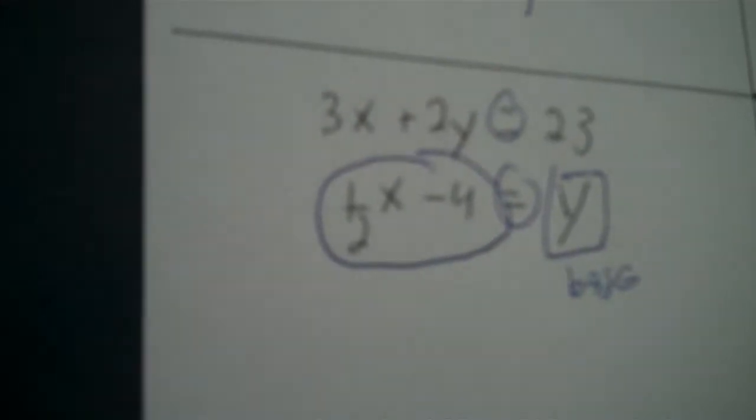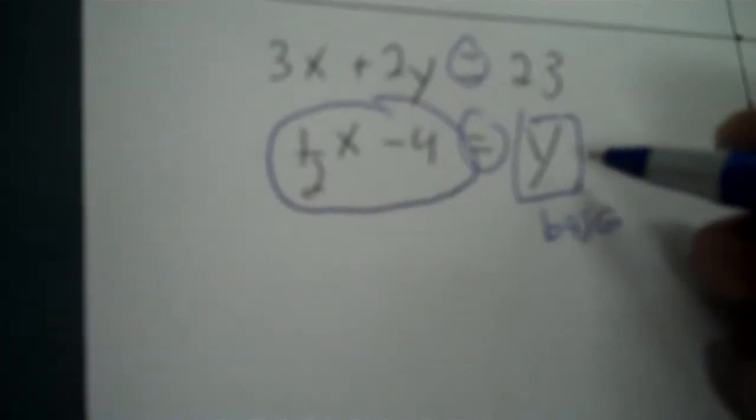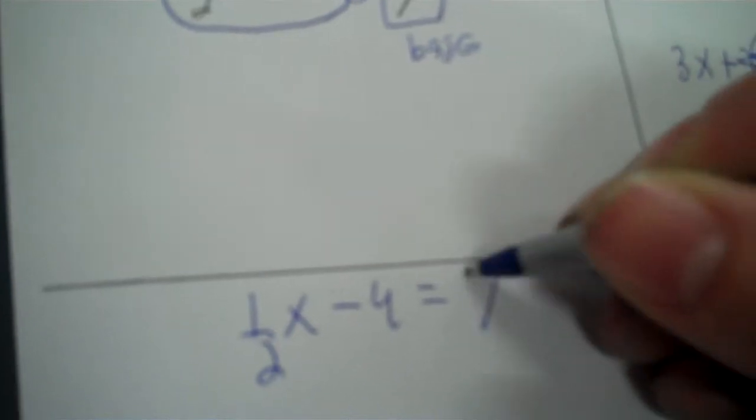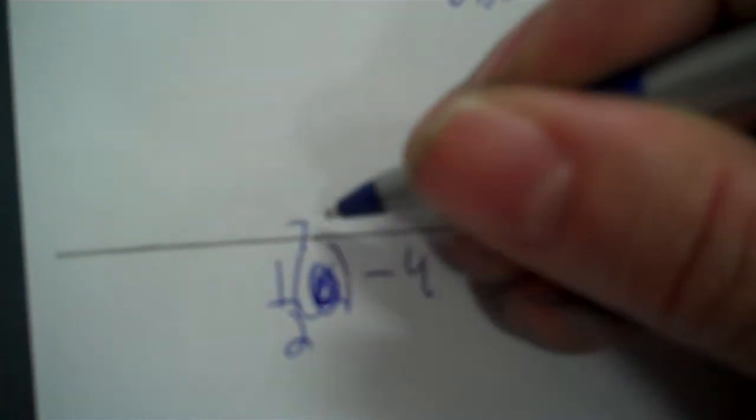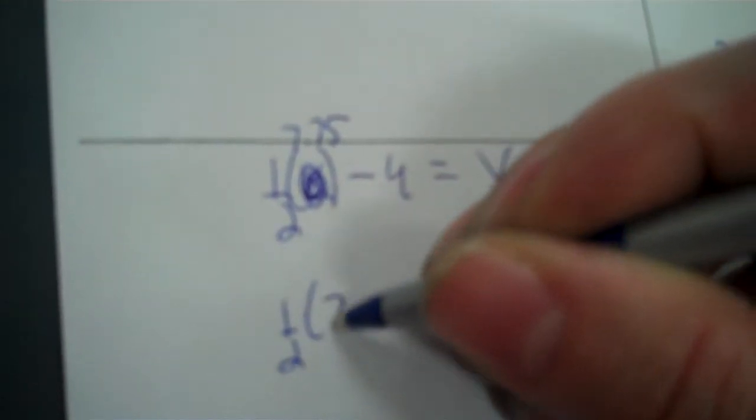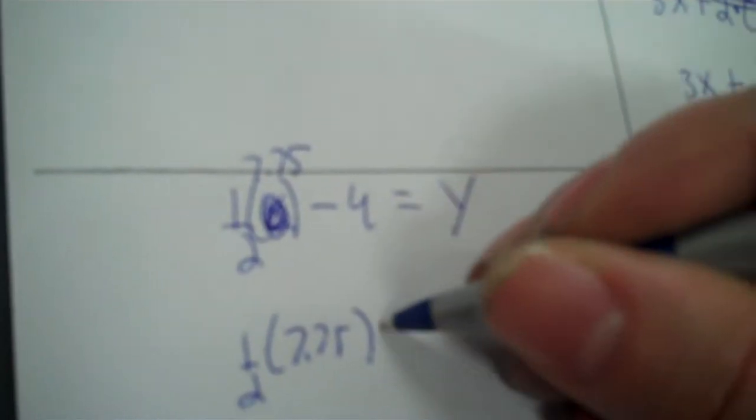Okay, now you're going to go find your y. So y is by itself in that equation, so that's the easiest one to use. And I'm going to be putting 7.75 in the place for the x, because that's my answer. So we have 1/2, parentheses 7.75 minus 4 equals y.